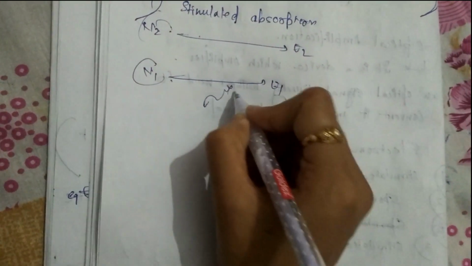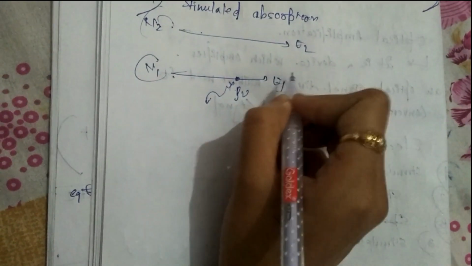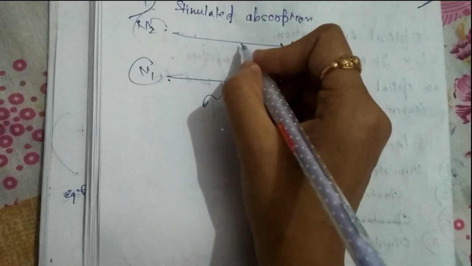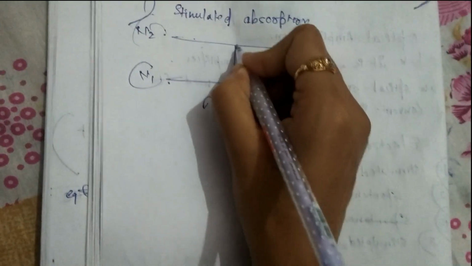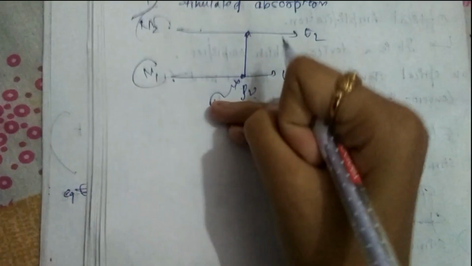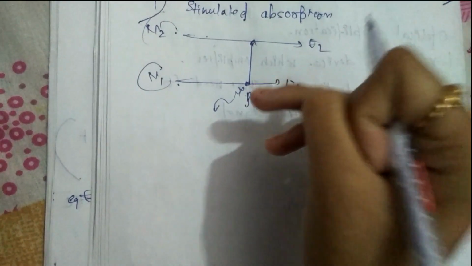If we supply some energy, rho nu, to the electron in the energy level E1, then the electron in E1 will go to the excited state E2. Means there is a transition of the electron from the level E1 to E2 when we supply some energy rho nu due to the absorption of energy. The electron absorbs the energy and transits from E1 to E2 during the supply of energy. So this is known as stimulated absorption.